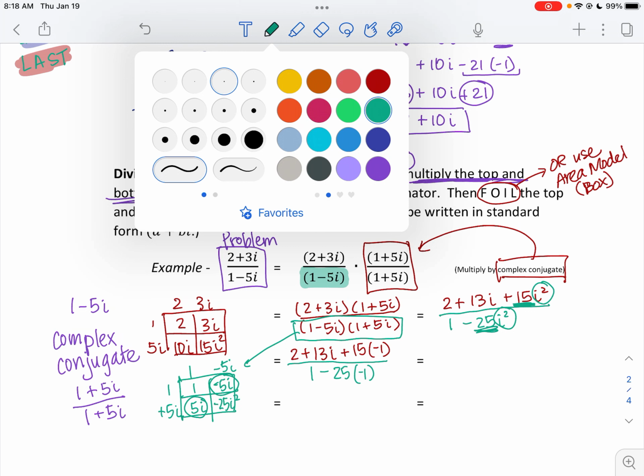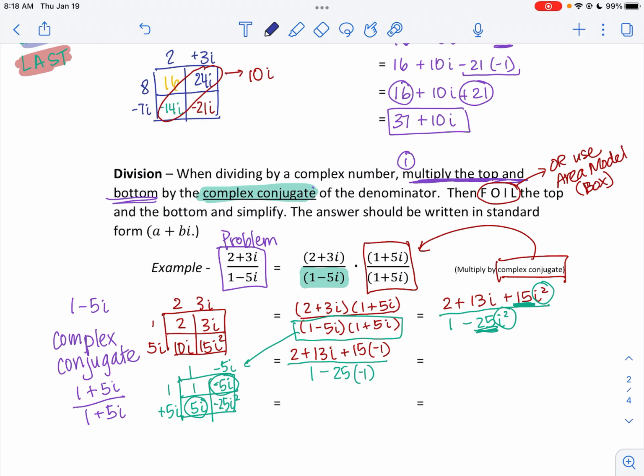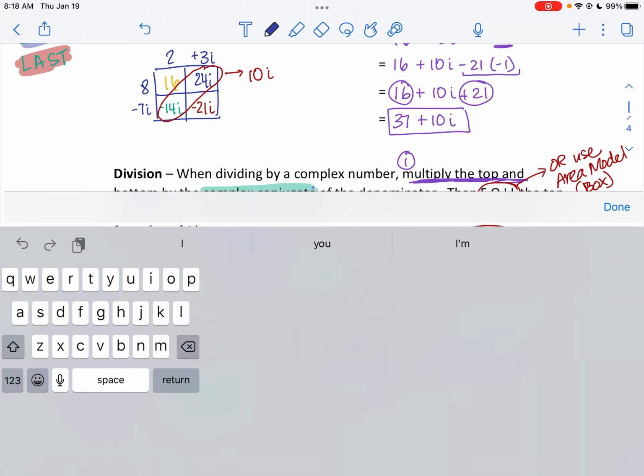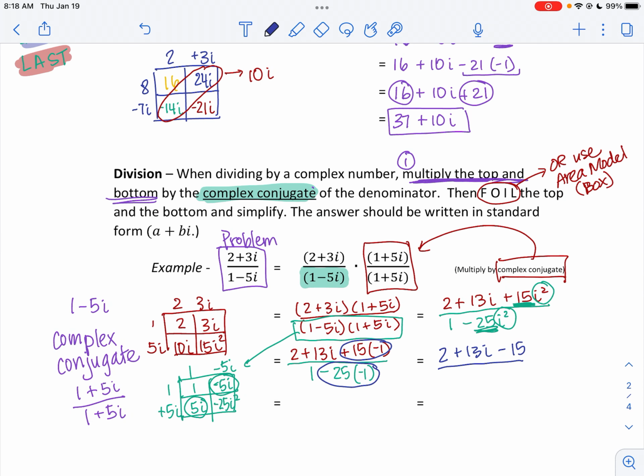Now I'm going to multiply these together. Oh, actually, this is negative. Let me try that again. It should be negative 25 times negative 1. So the numerator will be 2 plus 13i minus 15, because positive times negative is negative. Oops, sorry about that. 1 plus 25 is what we have in the denominator.